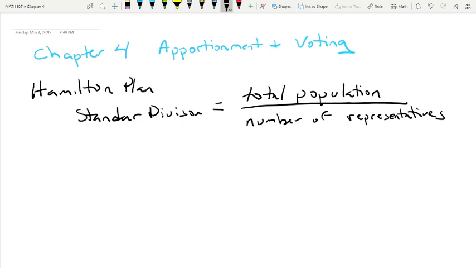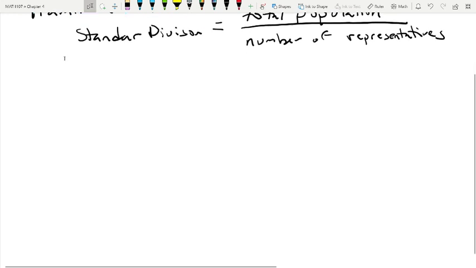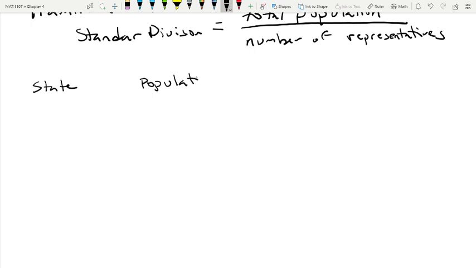So let's go through an example as to how that would work. We have the state and then the population of each part. We have Apis, Libra, Draco, Cephas, and Orion.